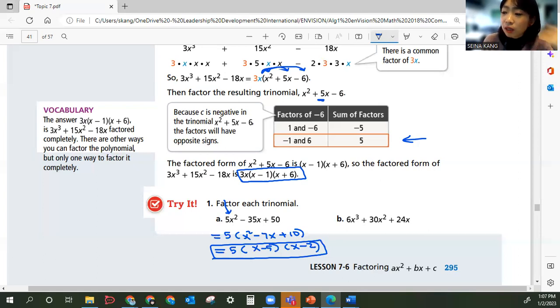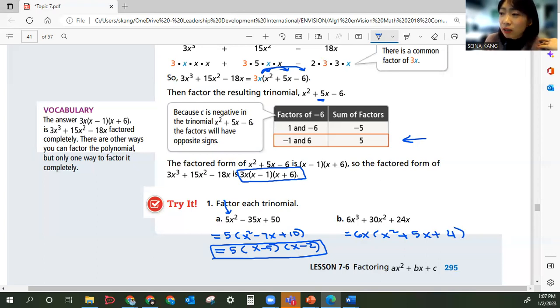That's the objective. Okay, let's look at part B. You have 6, 30, and 24 as coefficients, and all the terms have x in them. So you probably can factor out 6 and x, and that is correct. If you factor out 6x, which is the greatest common factor of all these 3 terms, you will get x squared plus 5x plus 4.